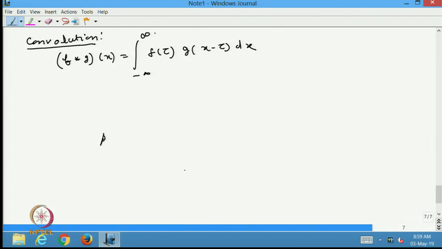Okay. So, what are we doing? We are multiplying the function f with the function g delayed by a parameter tau, sorry, this should be tau. Okay. And then we are integrating with respect to this delay parameter. This is how convolution is defined.